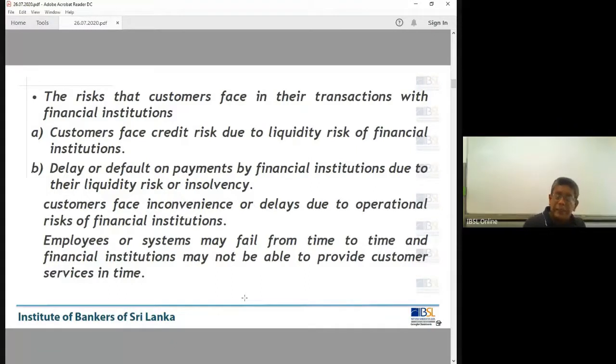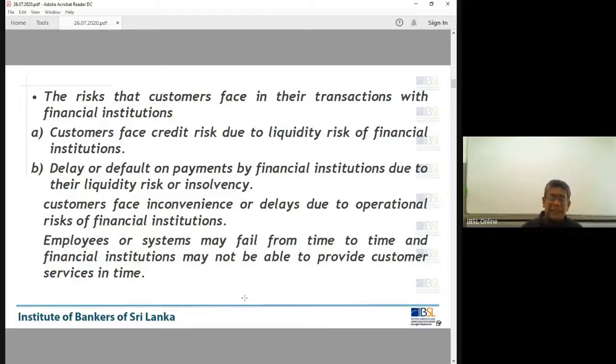The risks that customers face in their transactions with financial institutions. So what are the risks you are going to face with the financial institution? Now suppose all customers are dealing with banks, right? Do some transactions with a financial institution. Suppose you as a customer are going to do business with a bank.